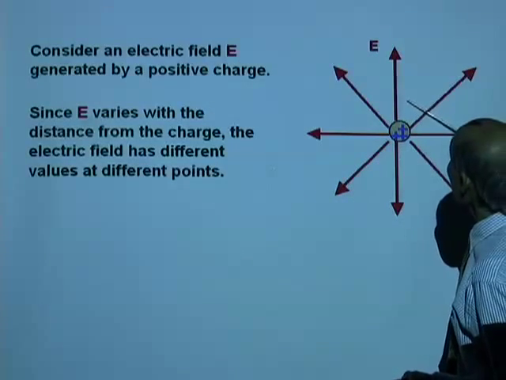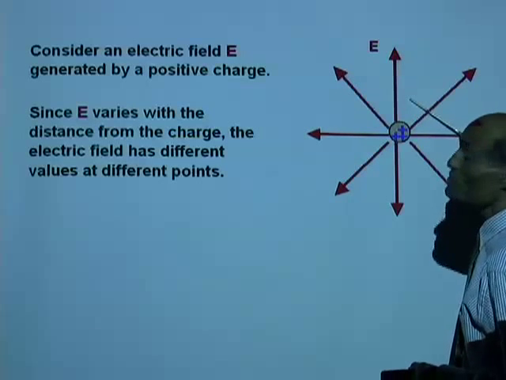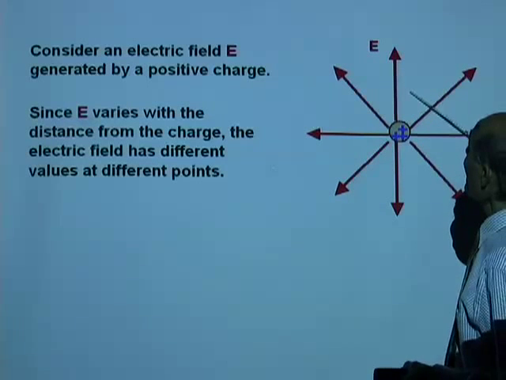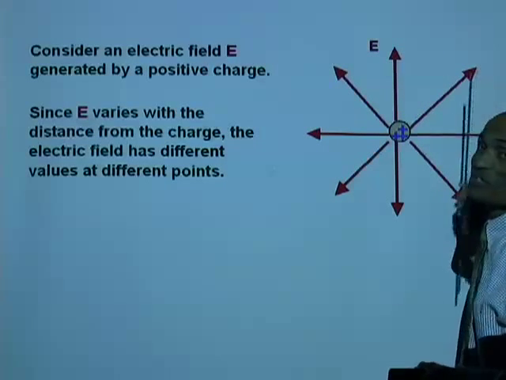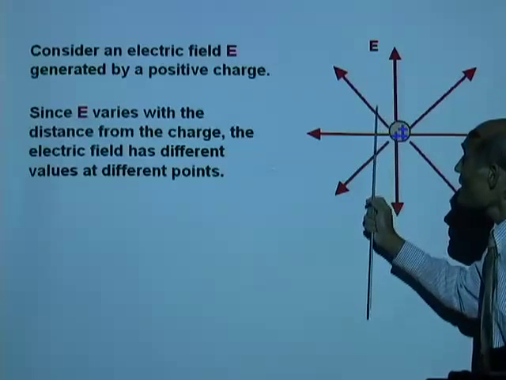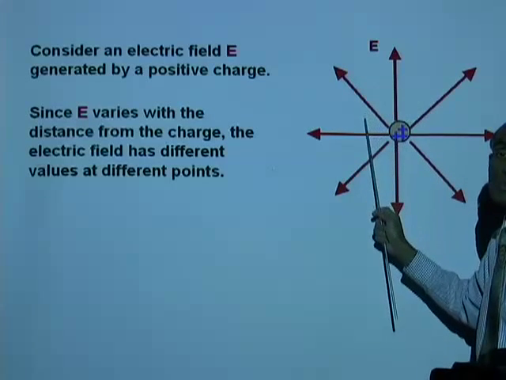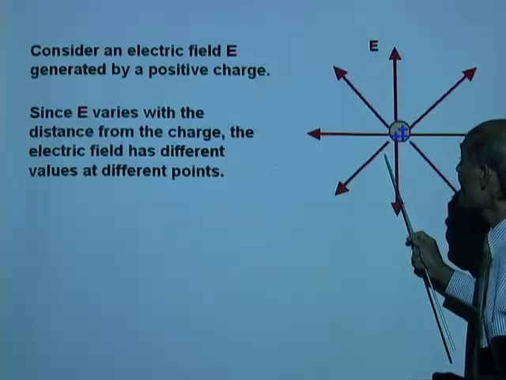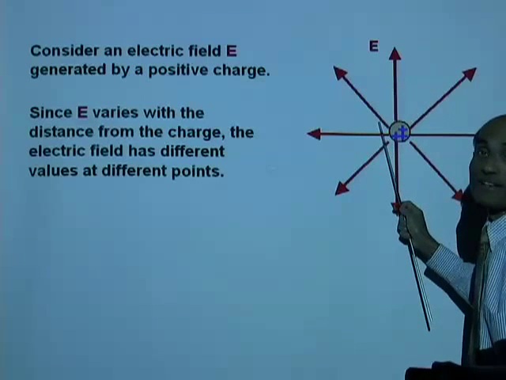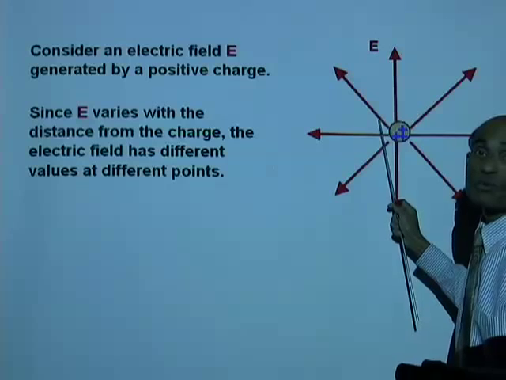If you now move from a point close to the positive charge and away from it, you can see the electric field will decrease. The field lines actually tell you that story. How? In a region where the field lines are closer, the strength of the field is greater.